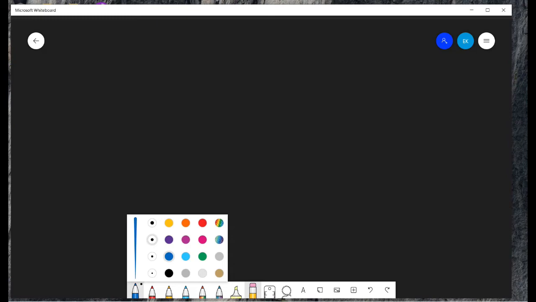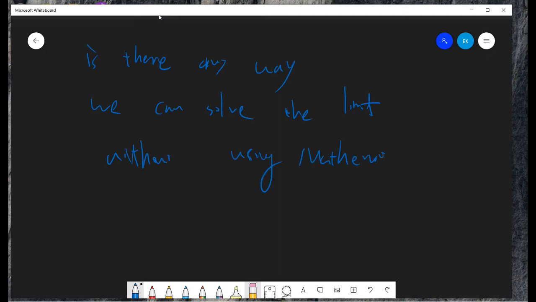So now the question becomes that if we keep differentiating, then it's impossible to get the answer. So is there any way we can solve the limit without using Mathematica, or basically without any computer help? Then we just try to get the answer. Okay, so the answer is yes. The answer is yes.